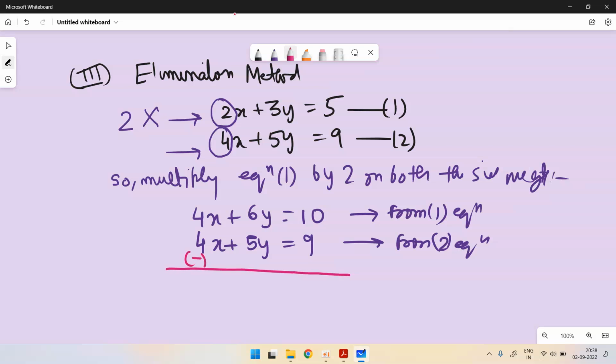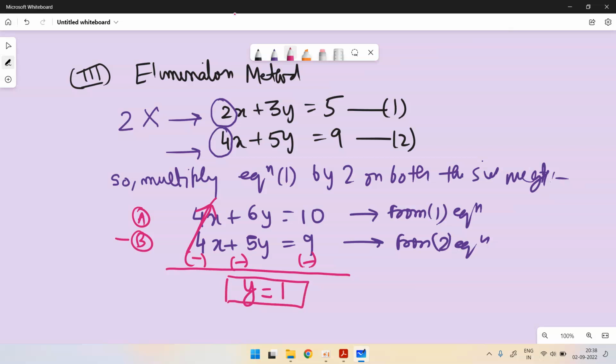This is a and this is b, then I'm doing a minus b. So this will be 4x minus 4x, which gets cancelled. Now 6y minus 5y is y, equal to 10 minus 9 is 1. So you can directly get the value of y as 1.